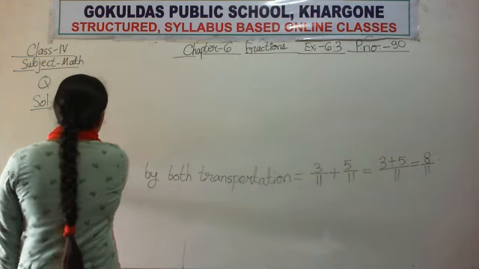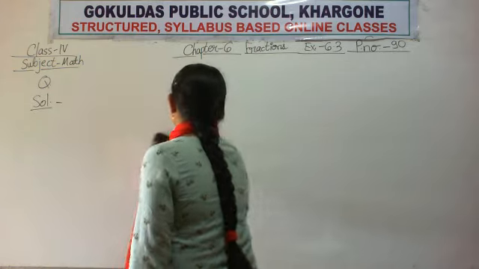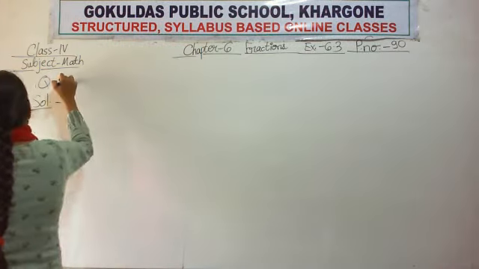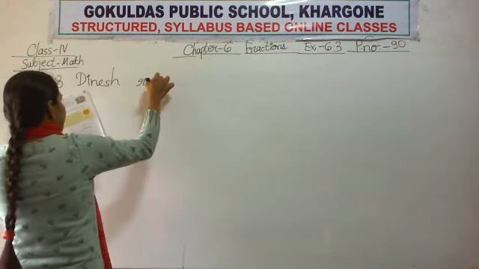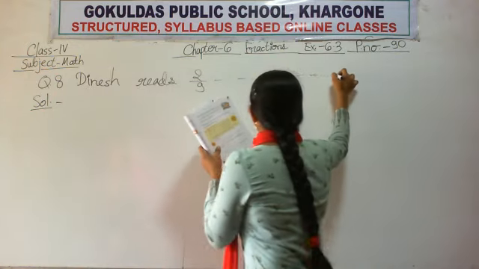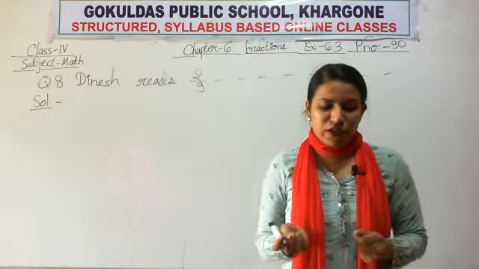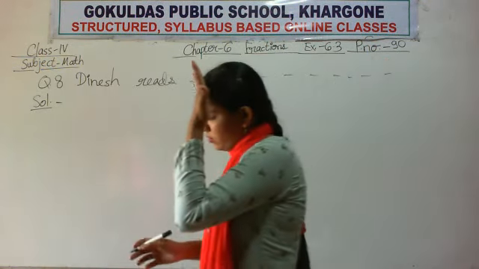Question number 8. Dinesh reads 2 upon 9 of a book in the morning and 4 upon 9 part of the book in the evening. How much does he read altogether?